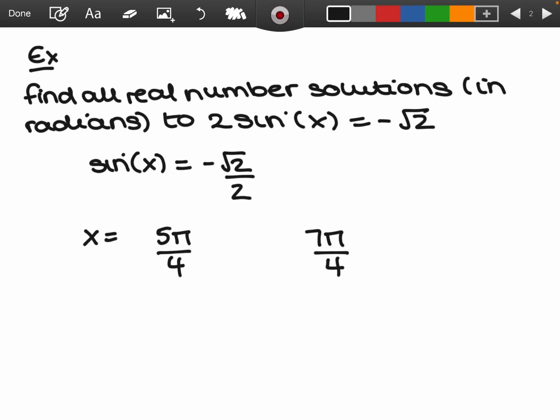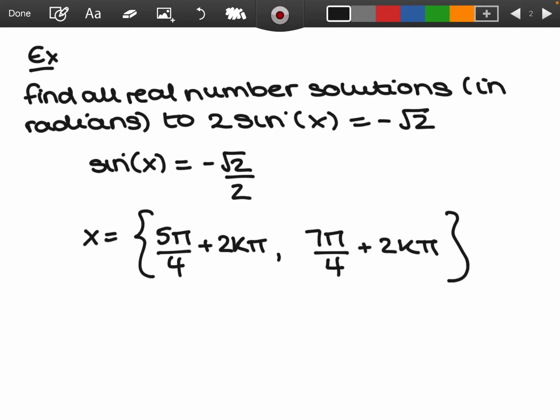But all angles coterminal to those angles also have a sine value of negative the square root of 2 over 2. So there are different ways that you can write this. What I'm going to do is I've written plus 2k pi at the end of each one of these, where k is any integer, positive or negative.